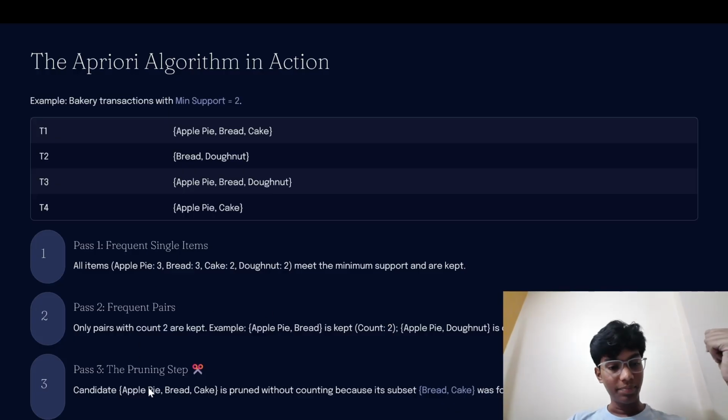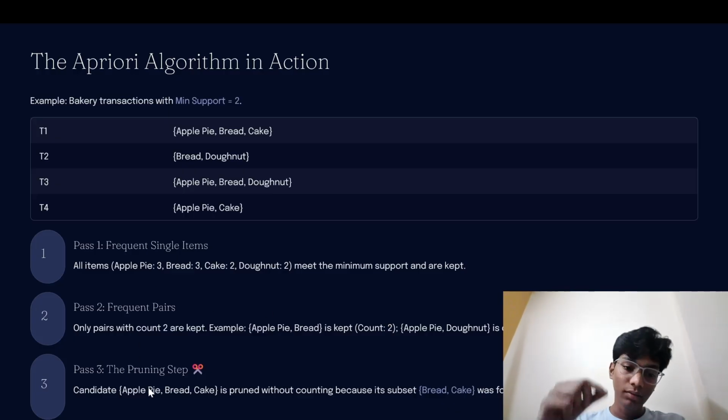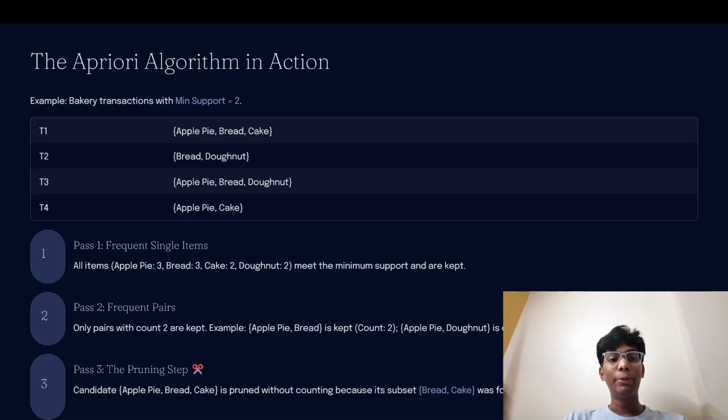The next step is the pruning step. This is the most crucial step in the a priori algorithm, and is technically the whole thing which defines a priori. Because without this step, if we do the combination for everything and check the confidence percentage and support percentage for each and every combination, it's also possible.